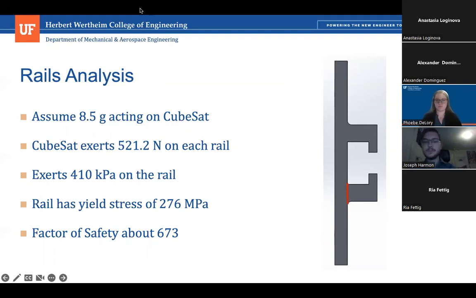Yeah, they kind of locked us in with that design because of the way they had designed their stuff. So we kind of had to work around what they had. Otherwise, we would have changed it to have a lower factor of safety. Awesome. Good job, guys.